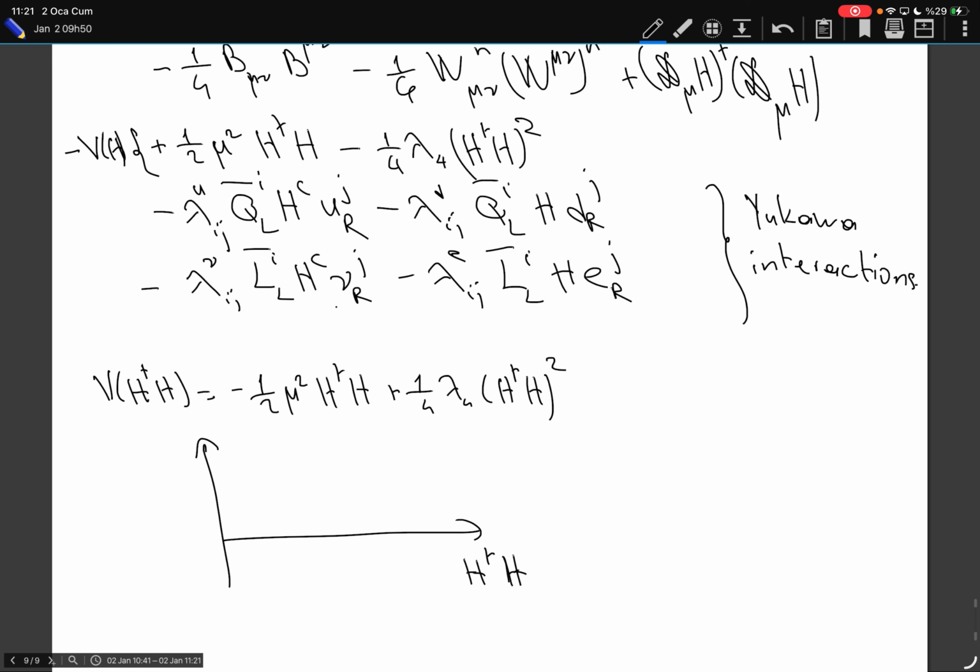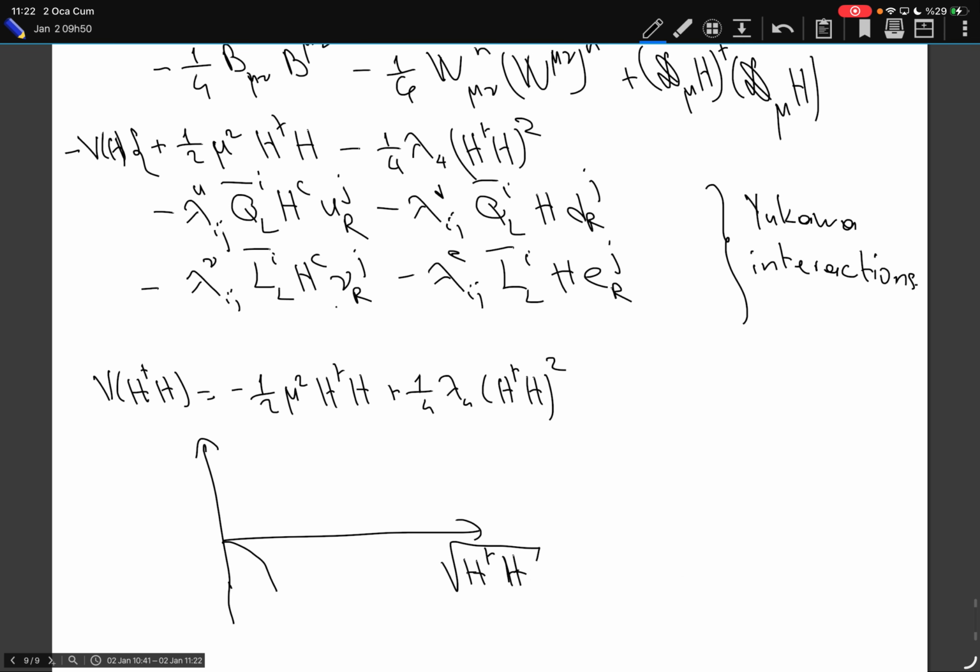You see, if H dagger H is sufficiently small, this term will be much smaller than this one. Let's say if H dagger H is, I don't know, 10 to the power minus 20, this is the square of that, negligible compared to this one. So close to H dagger H equal to 0, this potential just goes down.